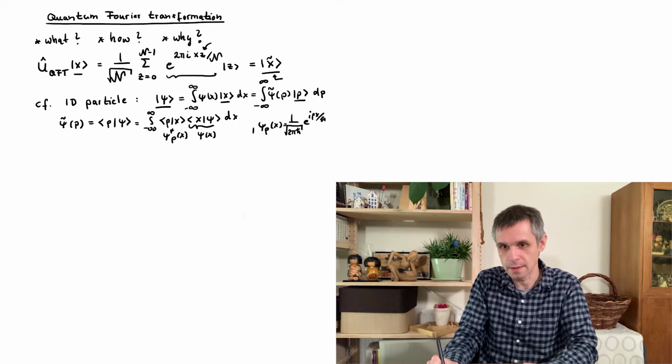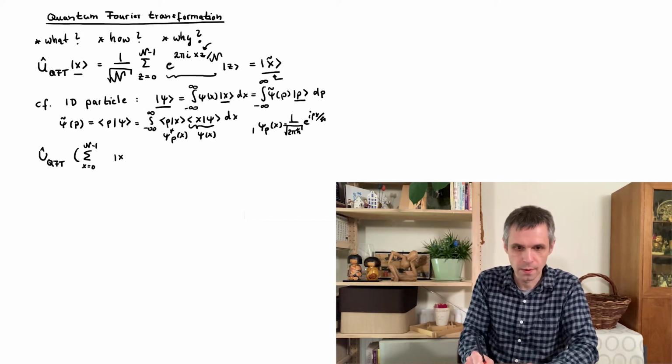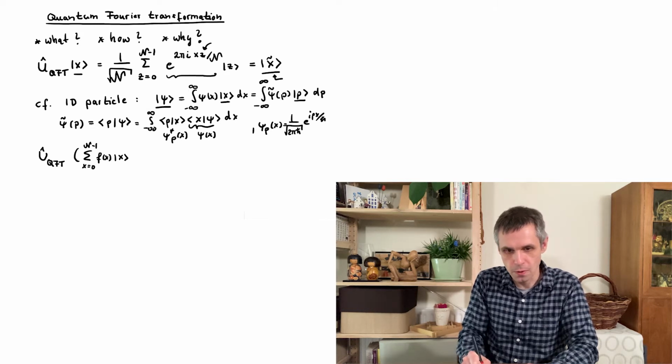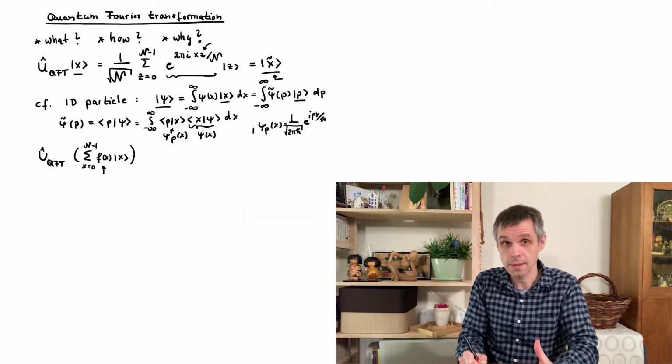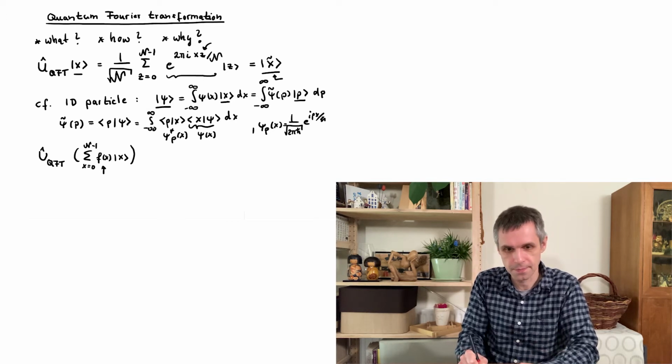states x tilde here. So let us have a look what happens when we apply this quantum Fourier transformation to the following superposition of states. A very general one, where just because of the context I'm going to denote these coefficients here, which are complex numbers, as a function of x and not as some amplitude psi x.